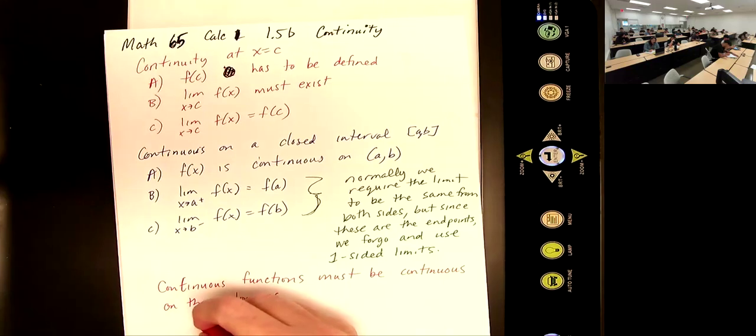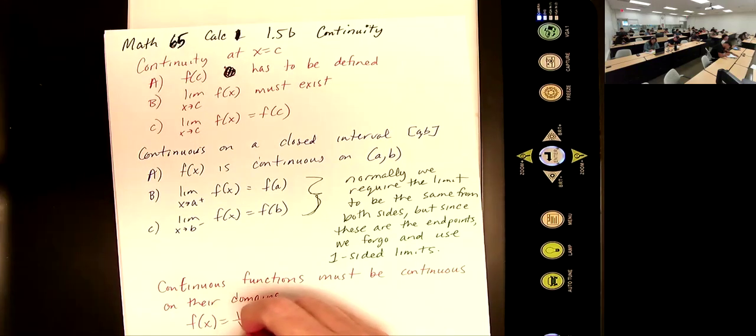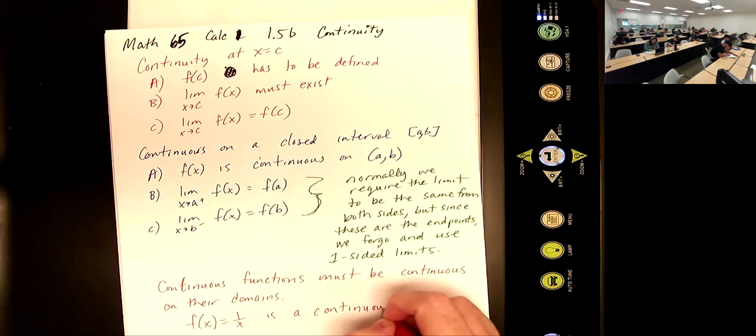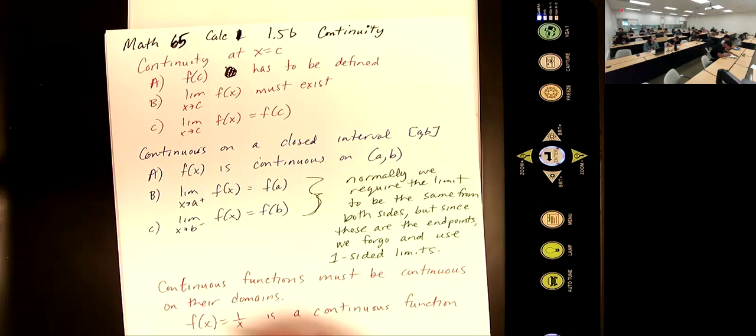Like f of x equals 1/x is a continuous function, despite having an asymptote at x equals 0.